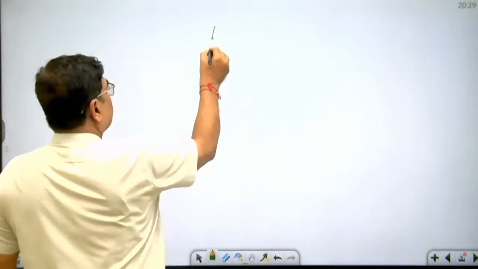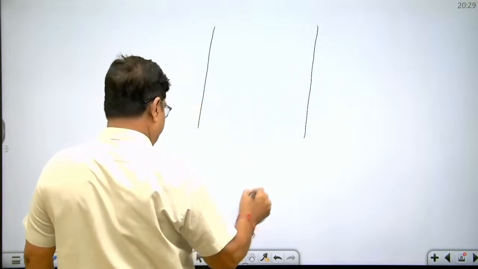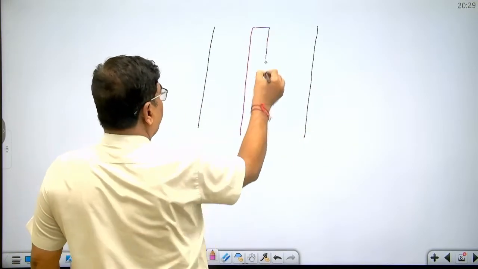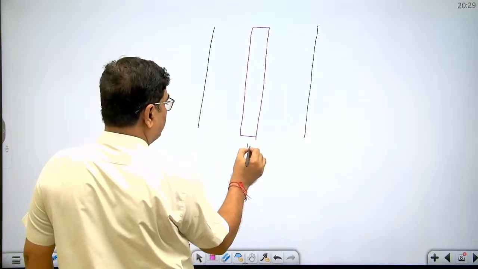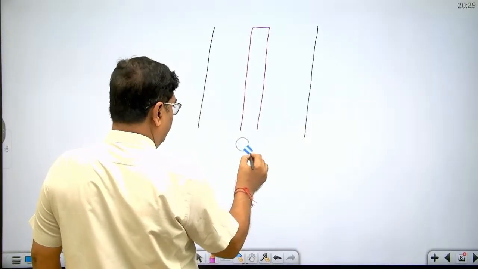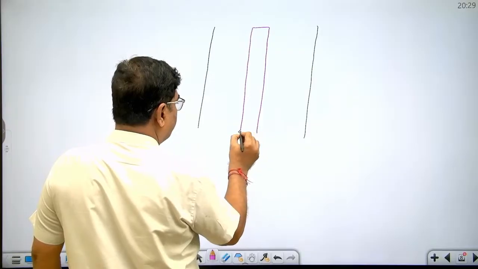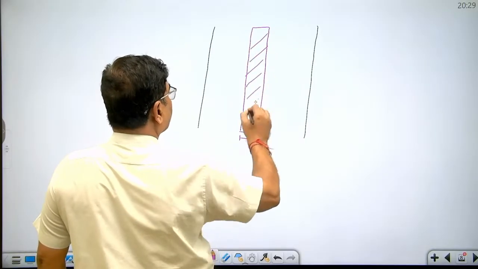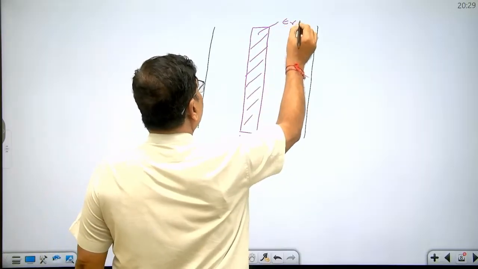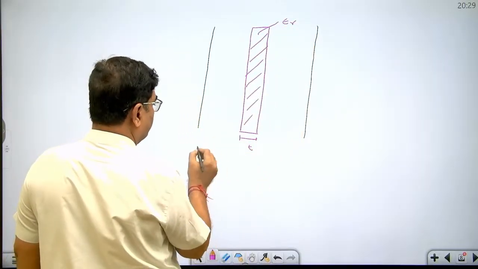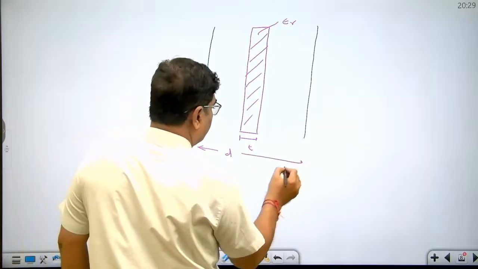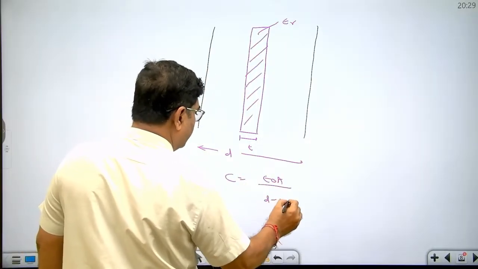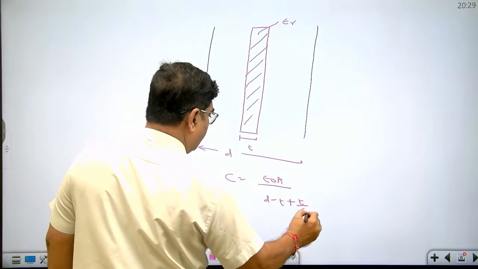And dear student, if a dielectric slab having thickness T and dielectric constant epsilon r is inserted between the plates at any distance, then its capacitance is given as epsilon 0 A upon D minus T plus T upon epsilon r.